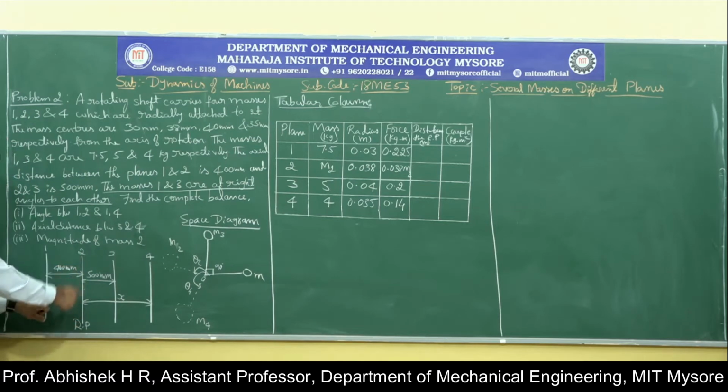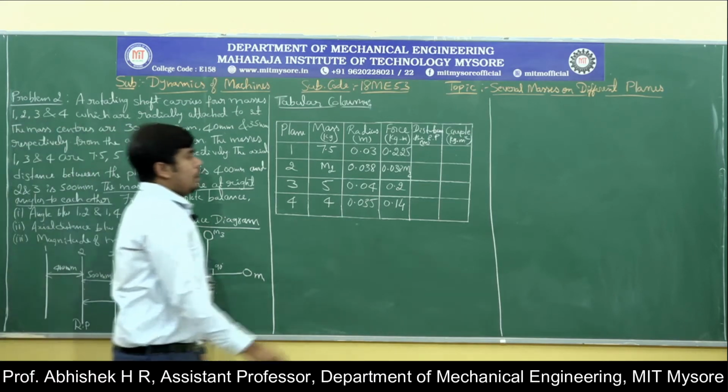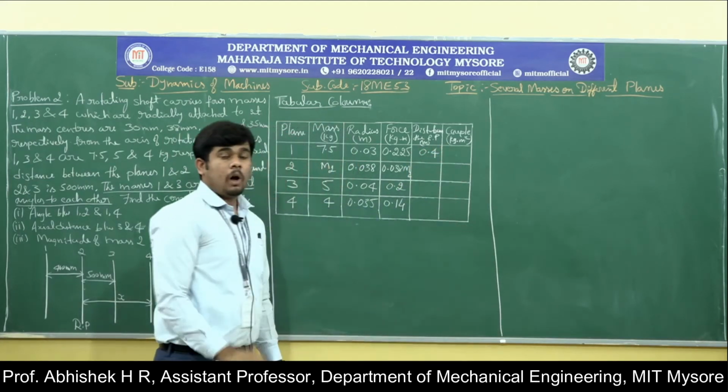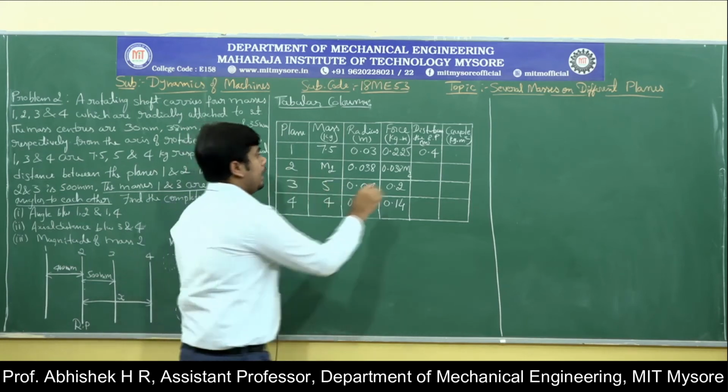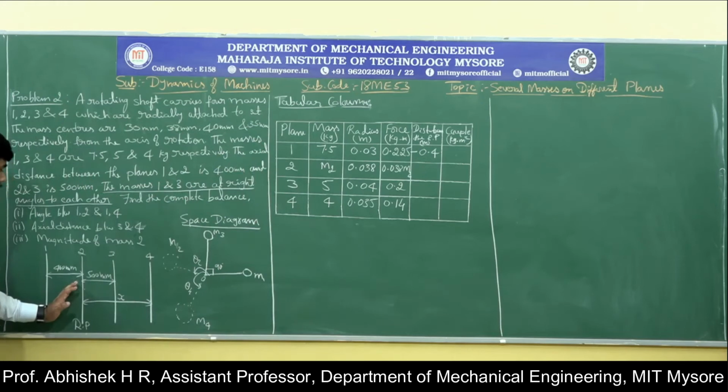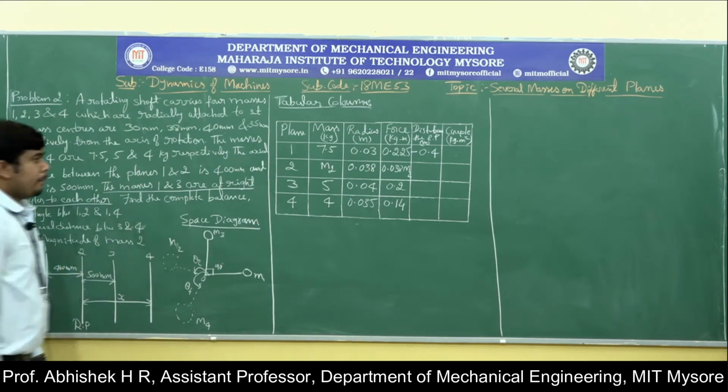Now the distances from the reference plane. Here my reference plane is plane 2. From reference plane 2 to plane 1 the distance is 400 mm, which means 0.4 meter, not only 0.4 but minus 0.4, because our distance is towards the left hand side from the reference plane.